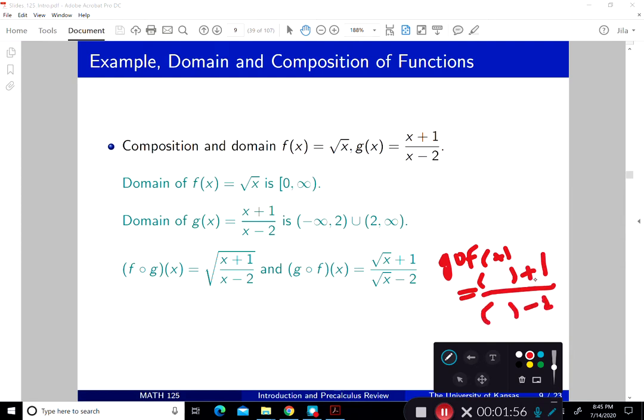Then you plug in f for x inside the parentheses. Over here also, when you were trying to find f of g of x, you write f, which is the square root, with a big parentheses for x. For the big parentheses, you plug in the inside function, which is g.